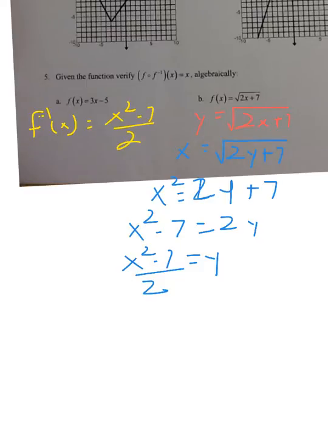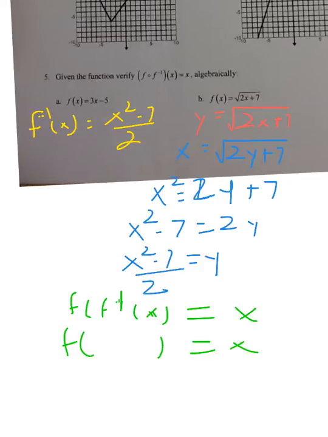All right, so now I want this composition. So it's the composition of f of the inverse of f of x. Does that give me x? So I want f of the inverse. The inverse is x squared minus 7 over 2.